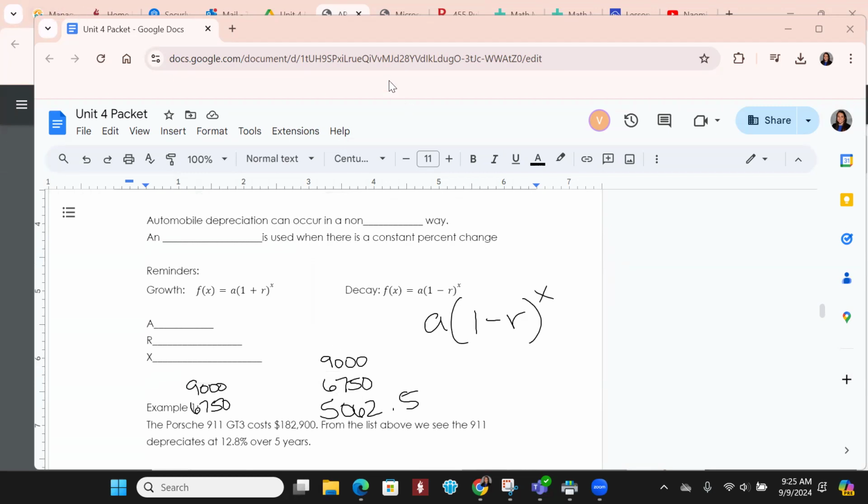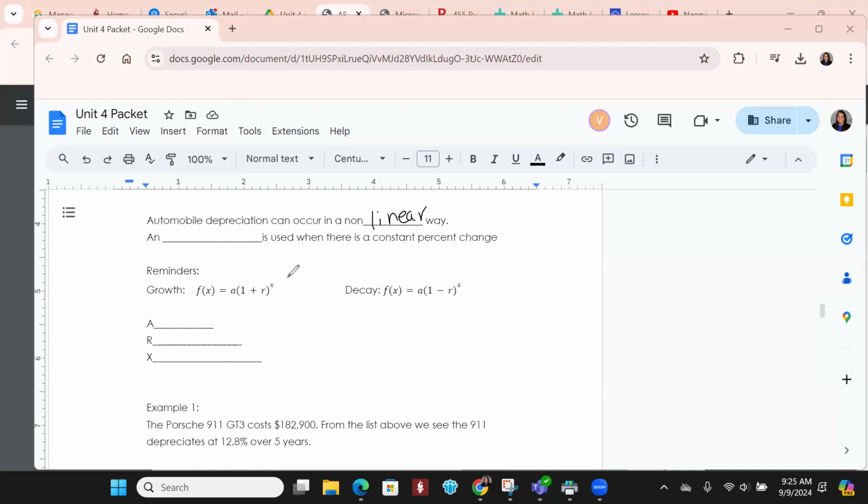Okay. All right, so automobiles depreciate in a non-linear way. Okay, an exponential function. Automobile depreciation can occur in a non-linear way, so this is going to be an exponential way.